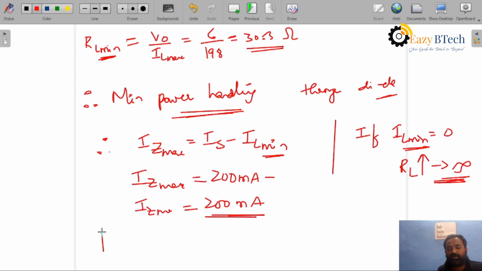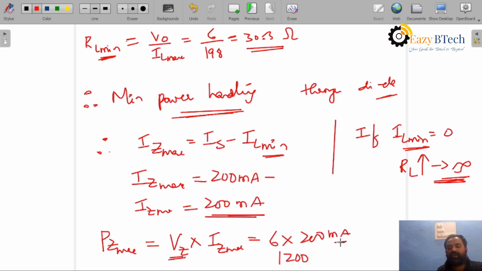Now the maximum power handling, PZ max, is equal to VZ into Iz max. Vz is 6 and Iz is 200 milli, so 6 times 200 is 1200 milliwatts, or 1.2 watts.